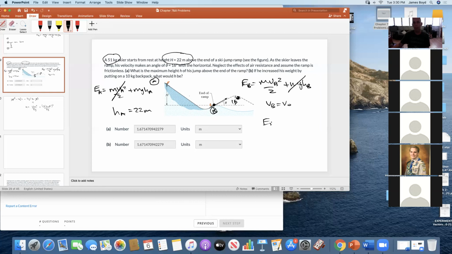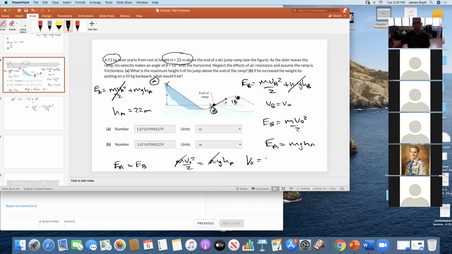So EB is mV naught squared over 2, and EA is mgHA. Setting these two equal to each other and solving for V naught, we get mV naught squared over 2 is equal to mgHA. The mass goes away.